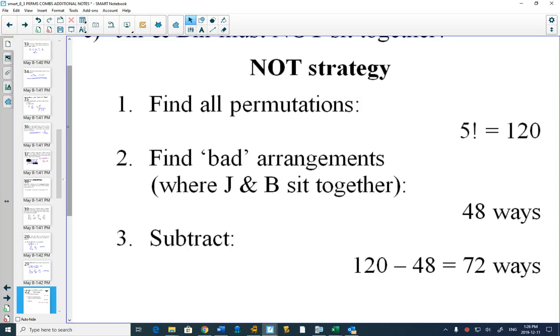But then you were like, oh, but Jill doesn't have to be in the first one. Maybe Jill's in the second seat. Well, then Bill's not in the first or third, he's in the fourth or fifth. And you could go through all of those different scenarios and count them all up separately. But it would take a really long time. So if you can find the bad ones, then you'll be able to count it easier.